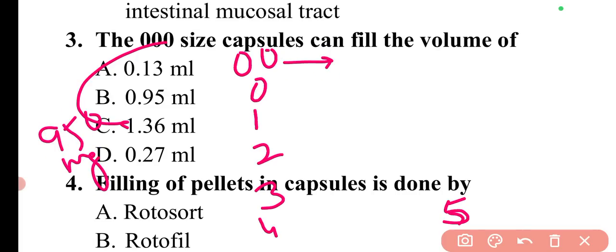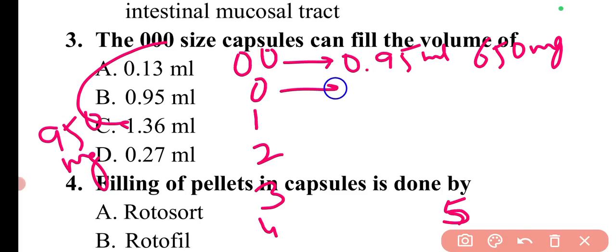Then for the 00 capsule size, it will be 0.95 ml and 650 mg. If it is single zero, then it will be 0.75 ml.